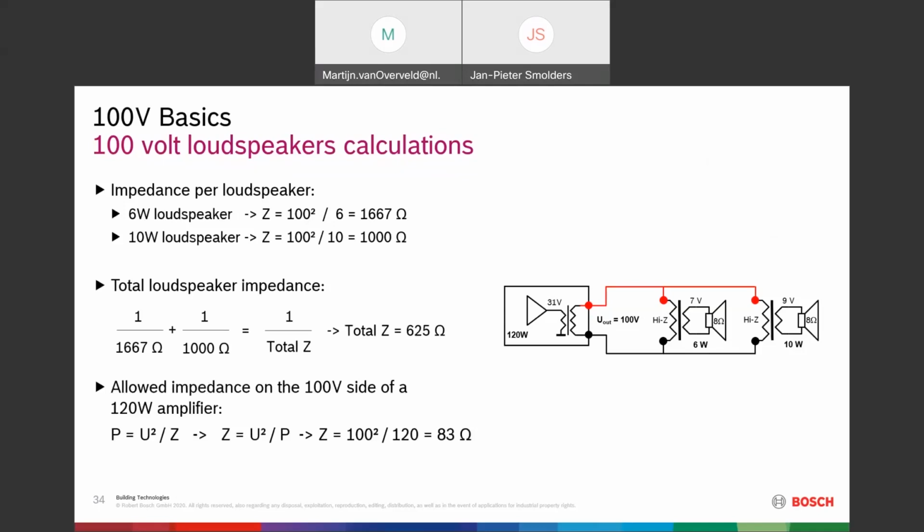So you have 100 volt squared divided by 120 watt. That will give you a total load impedance of 83 ohms. So in this case, we have 625 ohm connected. That is safe. So we have enough power on the amplifier side to drive these two loudspeakers.